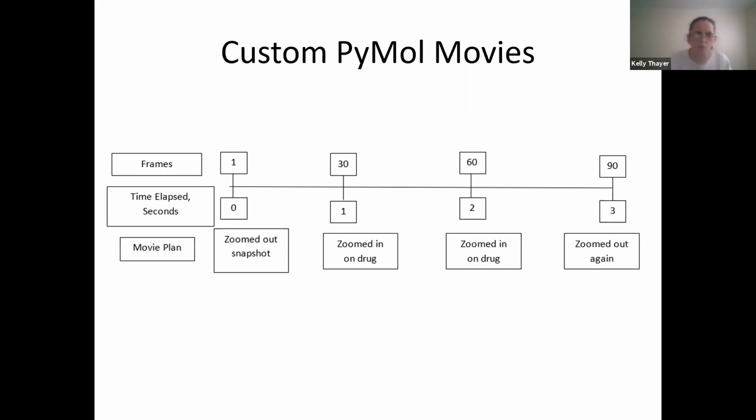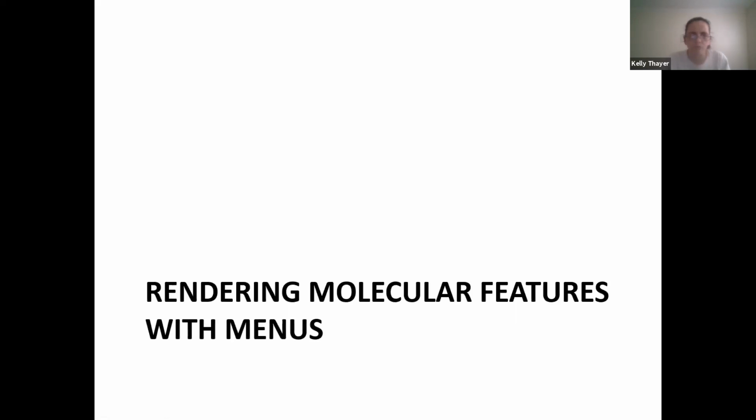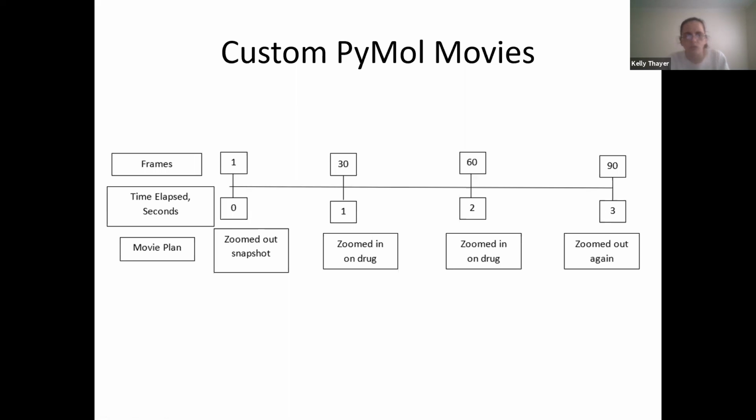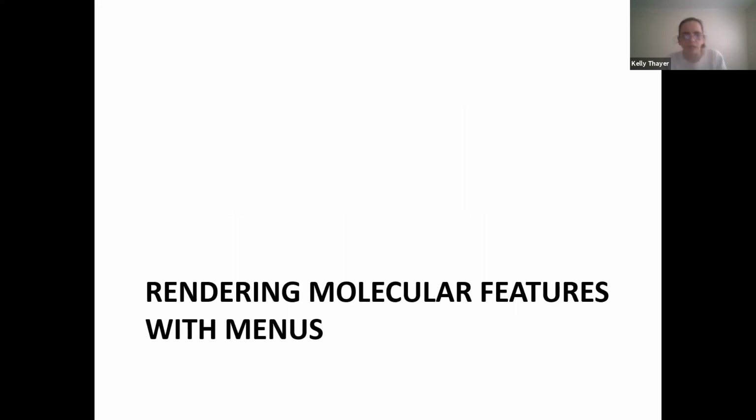So that gives us our movie plan, and we'll need that information to actually write our script. So what you do is then you're just going to load that into your script using those menus, and we will take you through that in a lot more detail when you're actually working your tutorial today.